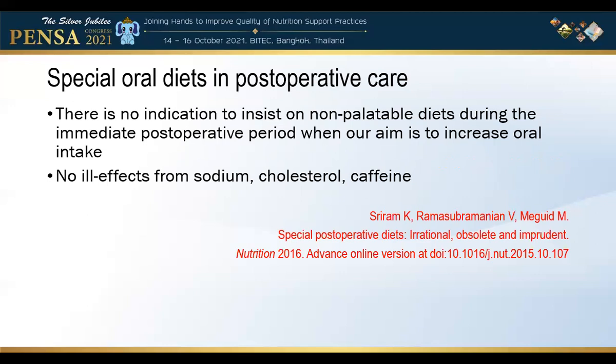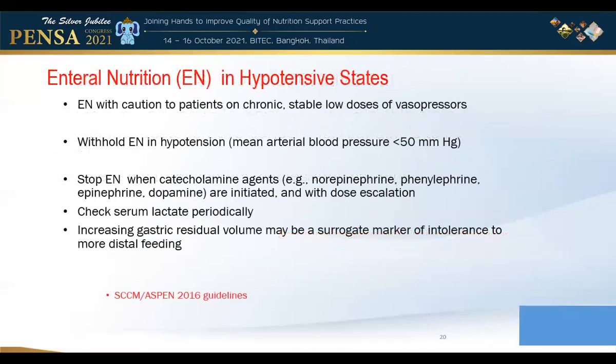No ill effects are seen from excess sodium in its relationship with blood pressure, or a cholesterol-rich diet, or even caffeine with arrhythmias and heart rate abnormalities in the immediate post-operative period. They may be useful for the community, for long-term care, non-sick patients, but not for intensive care unit patients. So when you have post-op patients who require a diet, let the diet consist of whatever the patient desires.